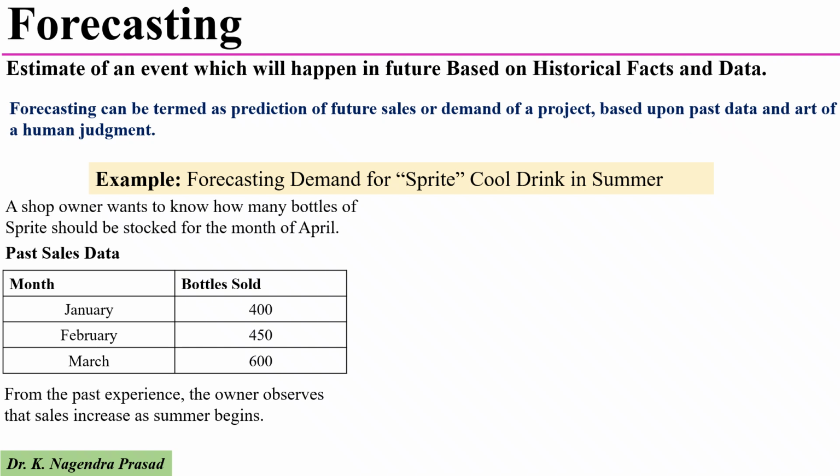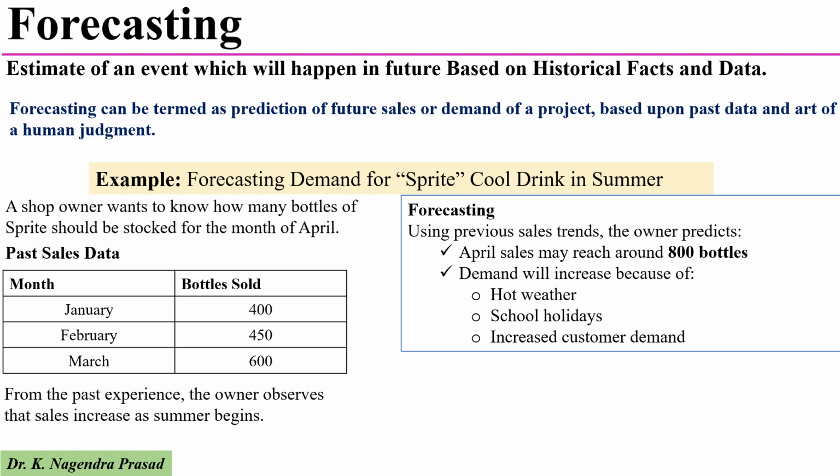So from past experience, the owner observes that sales increase as summer begins. So forecasting here, using previous sales trends, the owner predicts the April sales may reach around 800 bottles.